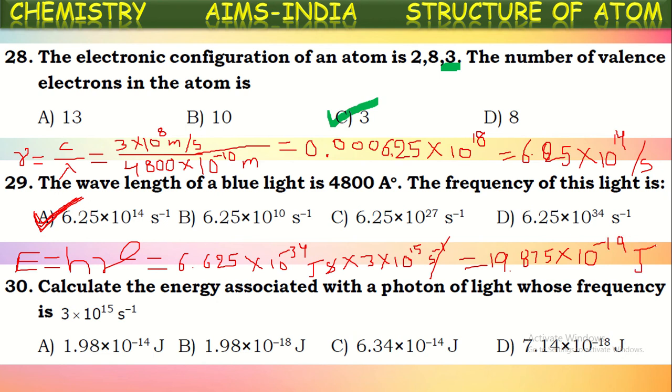Finally the units are joules, where it is 19.875 into 10 to the power of minus 19 joules. So if it is adjusted to decimal here, then it is equal to 1.98 into 10 to the power of minus 18 joules. This is the correct answer. Okay, in this way we do calculations by substituting the values.